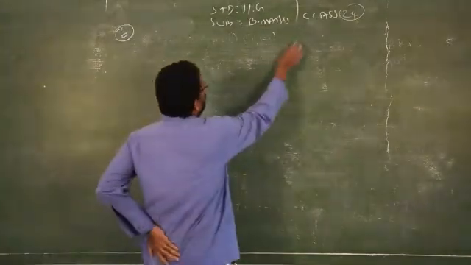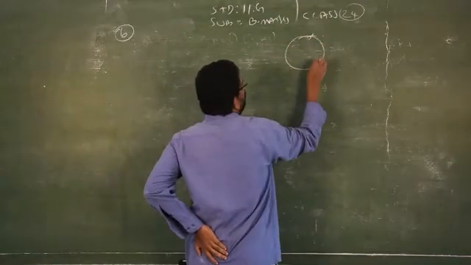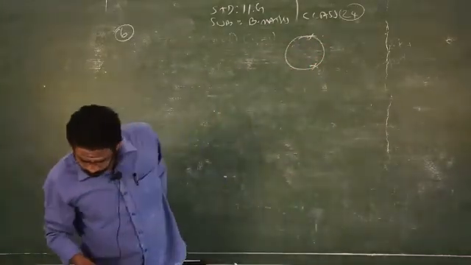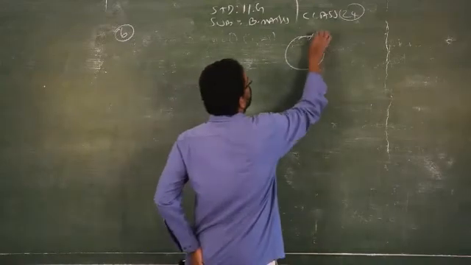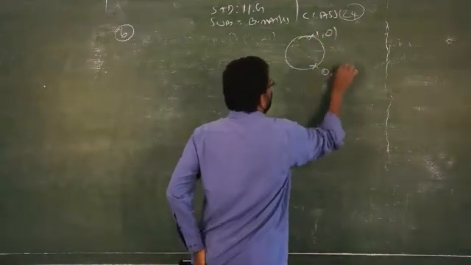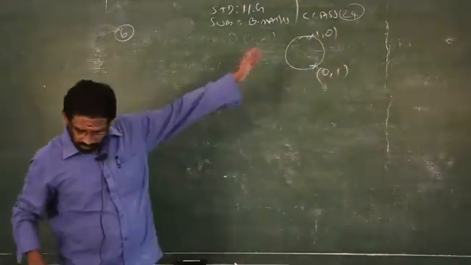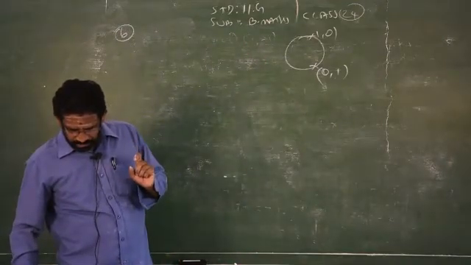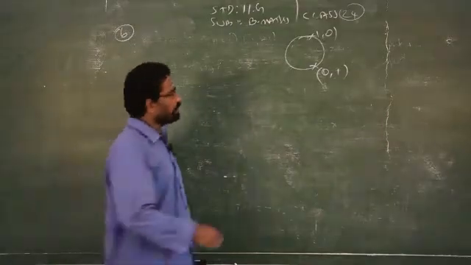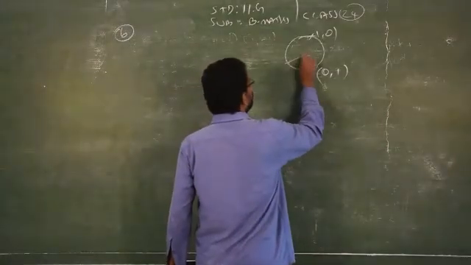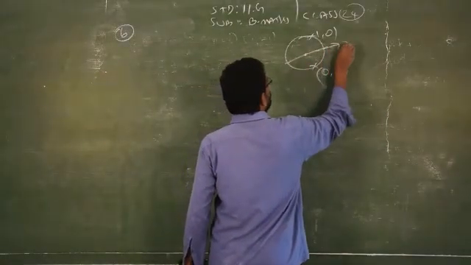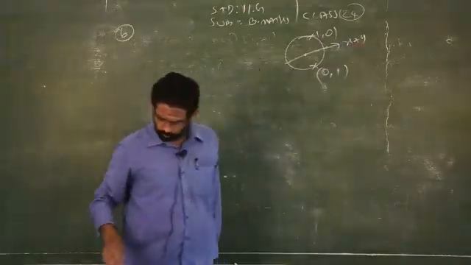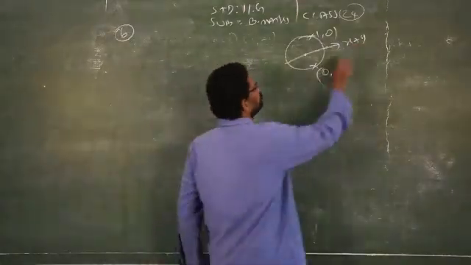So the diameter is 0. There are 2 points given: 1, 0 and 0, 1. This is not an exact diagram. The center is on the line. The straight line is given as x plus y is equal to what?